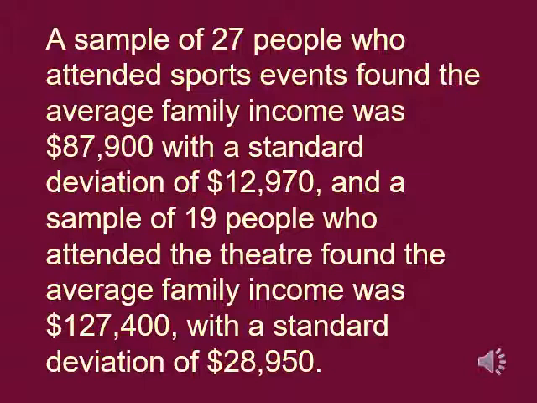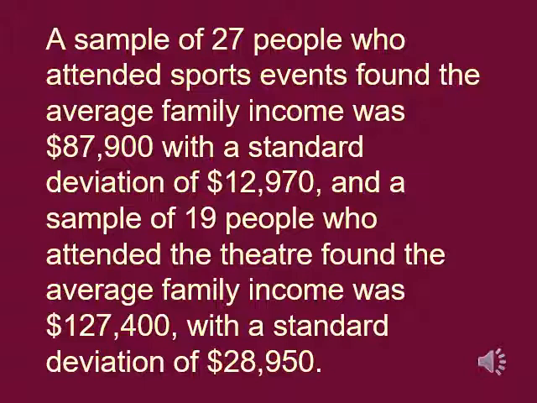And a sample of 19 people who attended the theater found that the average income was $127,400 with a standard deviation of 28,950. So I told you before that all those things you have to type in your calculator are going to be given to you in a problem, and here they are.